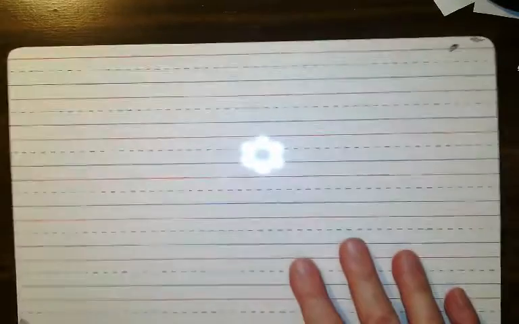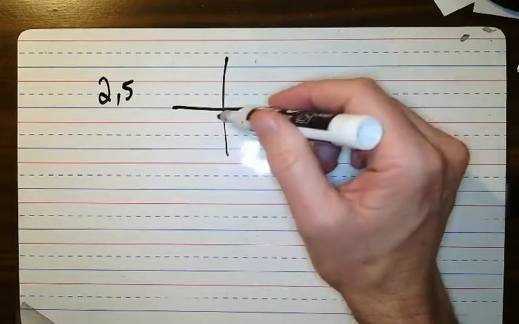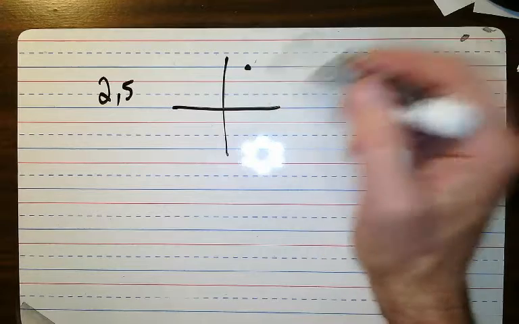So if I had a point given to me, and the point was 2, 5. All right. So here's my angle. If I go over 2 and up 5, that's where that would be.